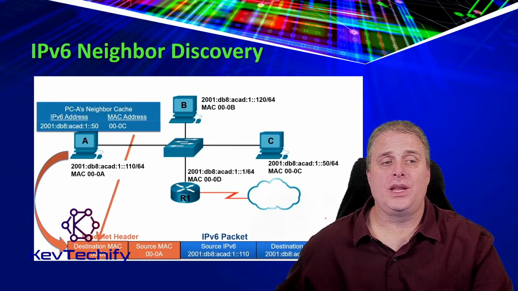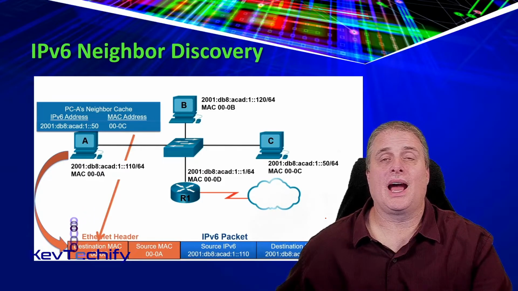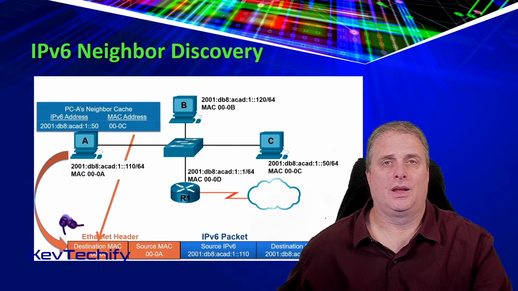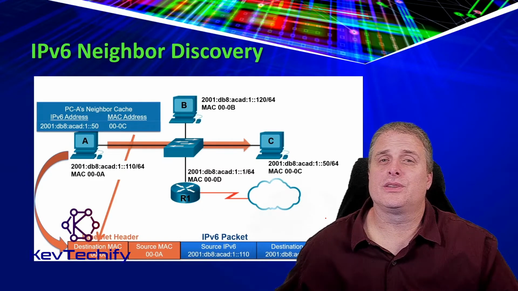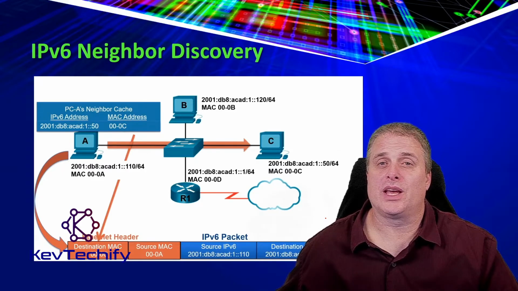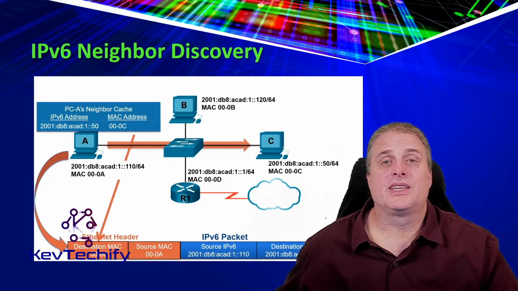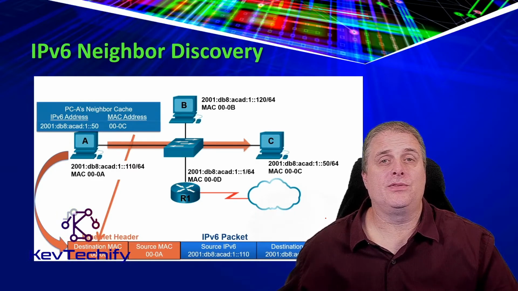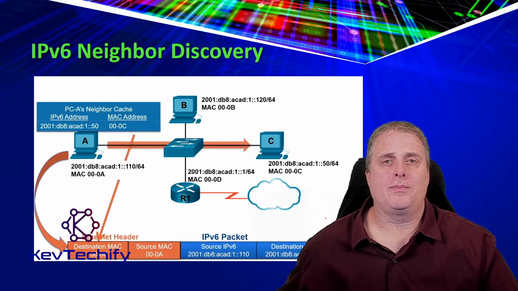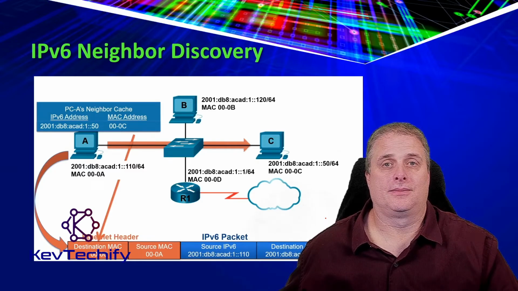Host A updates the destination MAC address that is associated with the IPv6 address and forwards the frame and IPv6 packet to host C. If the IPv6 destination address was on a different network, the same process would occur to find the MAC address of the default gateway, which would map to R1's link local IPv6 address on this LAN.